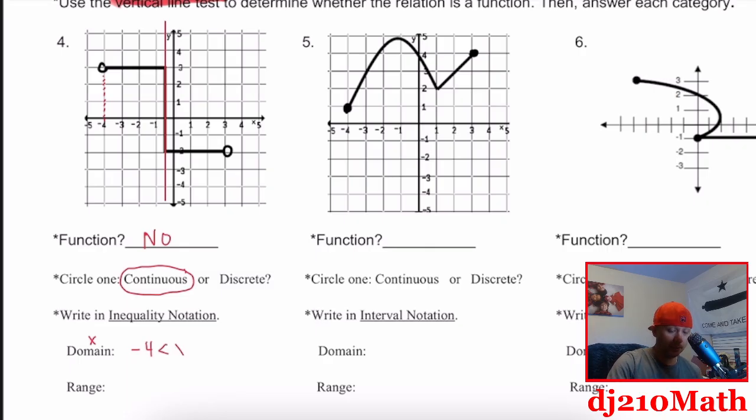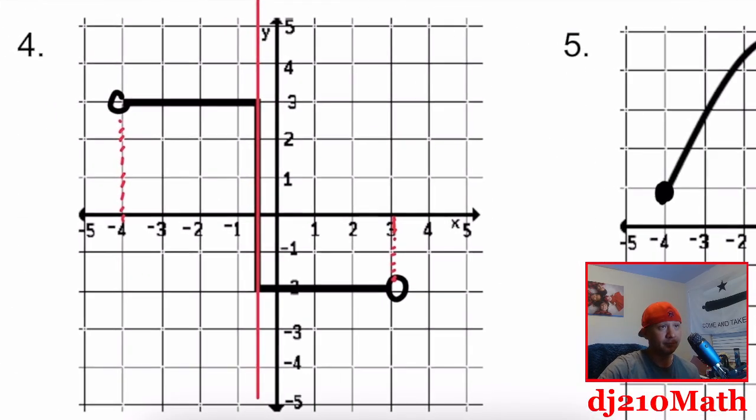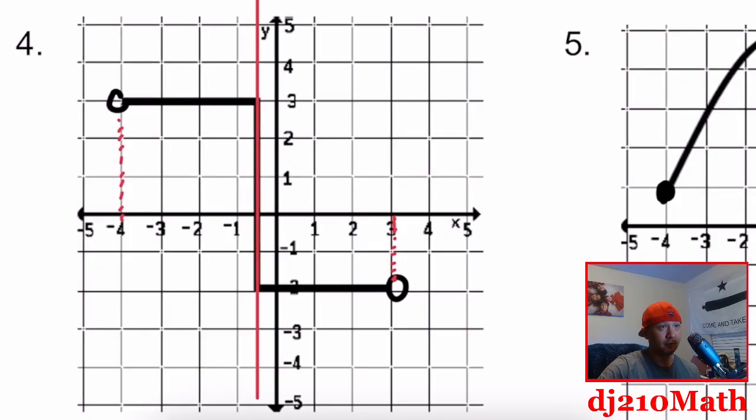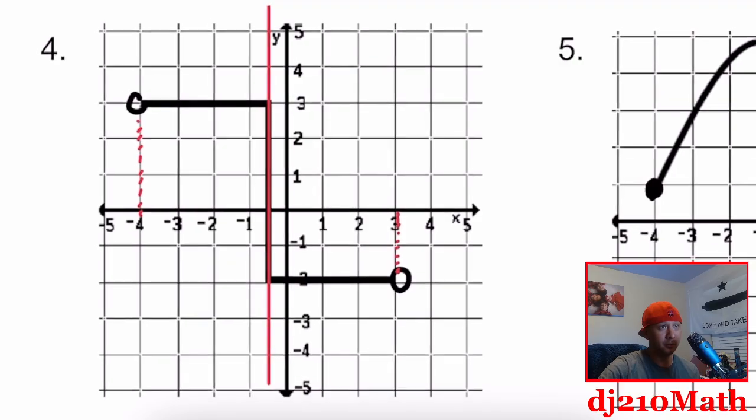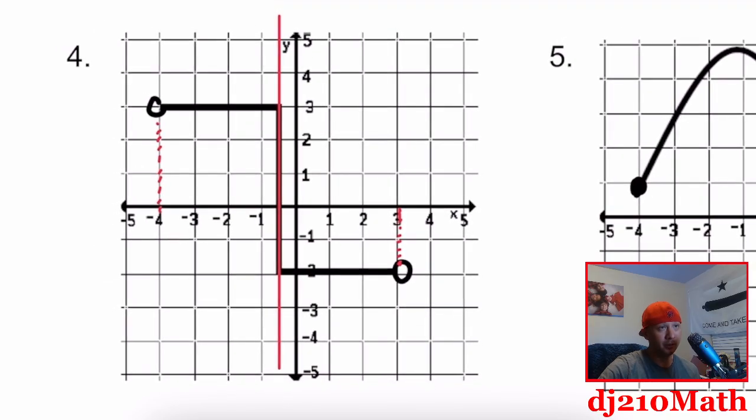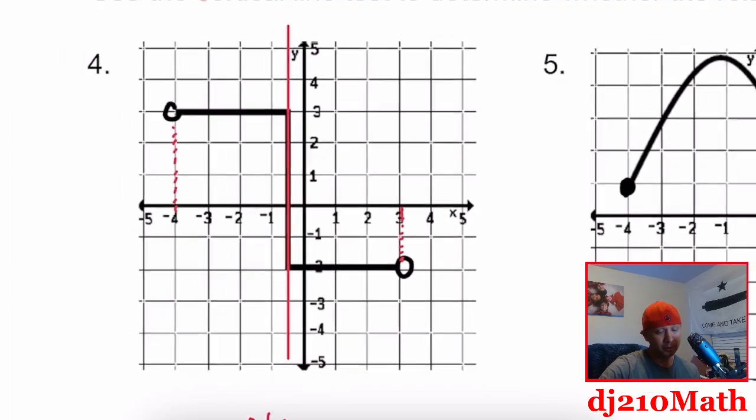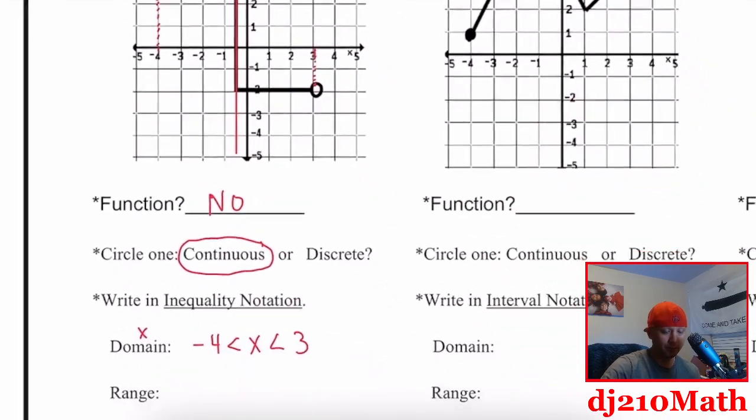We're talking about the x's. And the greatest x could be, again, is at 3. Open circle. So less than 3. I don't know if you can see that. Right, so -4 is the smallest value for x, not including -4, up to 3, but not including 3.